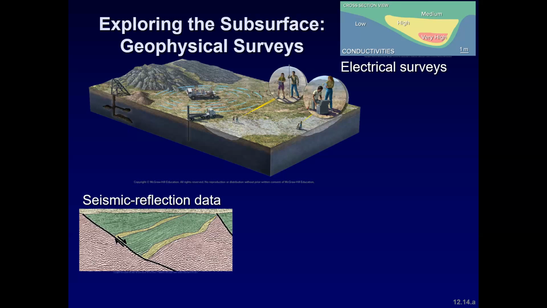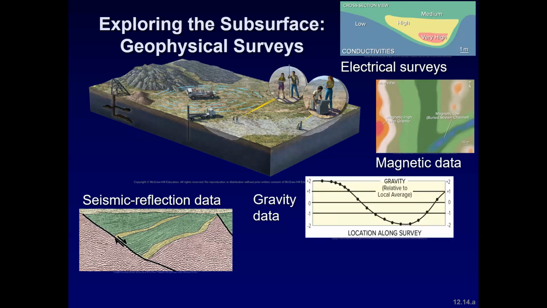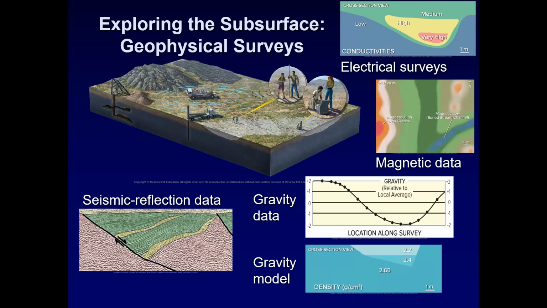That shows the capacity of rocks and fluids in them to conduct current, which can help us understand where groundwater exists or does not exist in an area. And then magnetic surveys show the strength of the magnetic field associated with various rock types, and a gravity survey is going to show the density of various rock types, resulting in a model such as this.